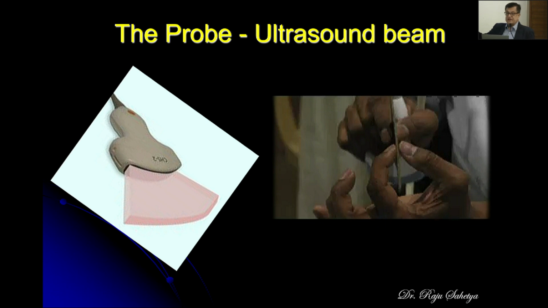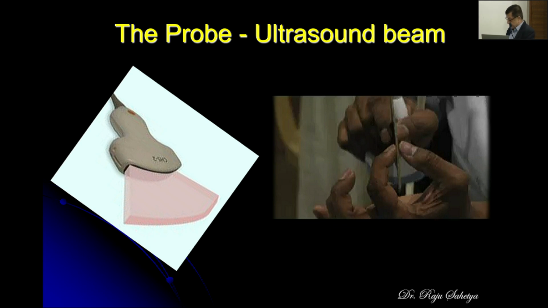Now this is a very important thing to know. When we handle a probe, you should not presume that the entire thickness of that probe is ultrasound. Just a thin blade fanning out like this, which could be a millimeter or millimeter and a half thick, is what is ultrasound. Rest is the casing of that transducer. So don't think that the full rubberized thing is an ultrasound coming out.